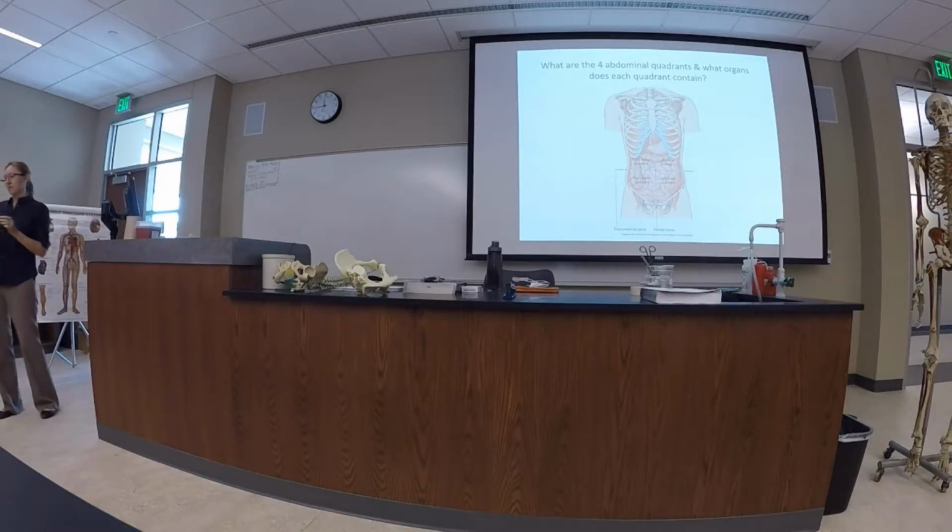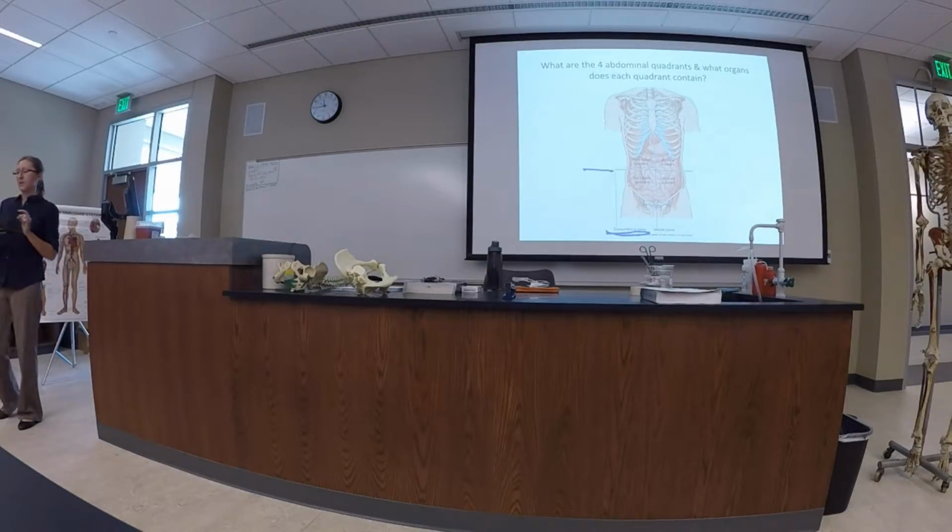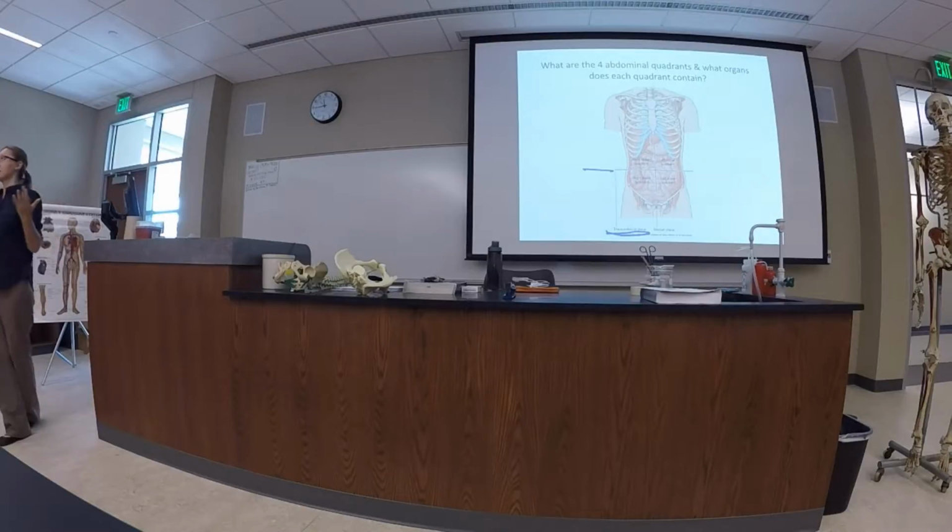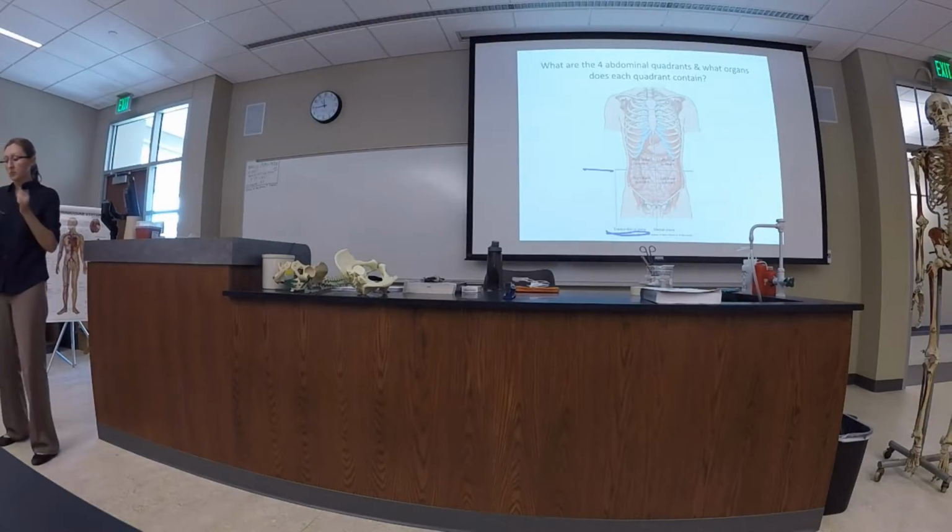So we have the 4 abdominal quadrants. They are separated horizontally by the transumbilical plane, this horizontal plane here, that is approximately halfway between the xiphoid process and the pubic symphysis at the area of the umbilicus, hence the name transumbilical.